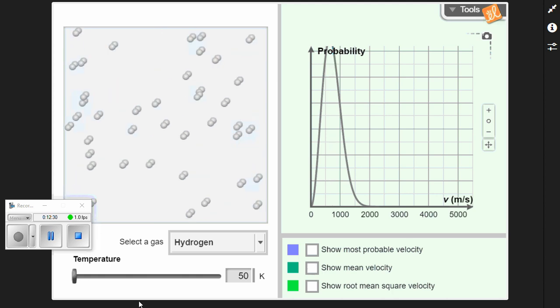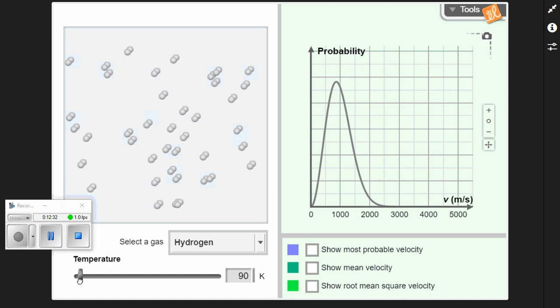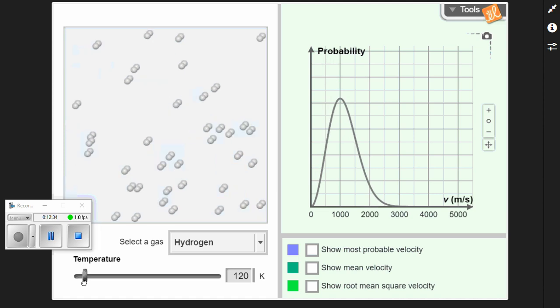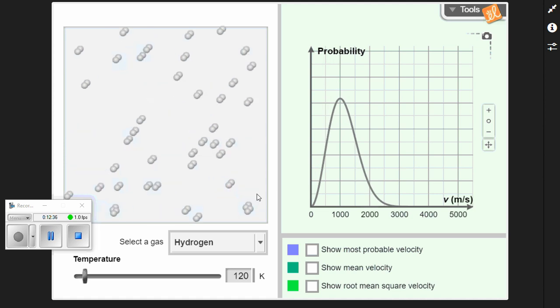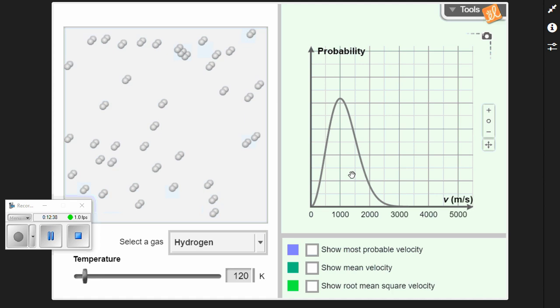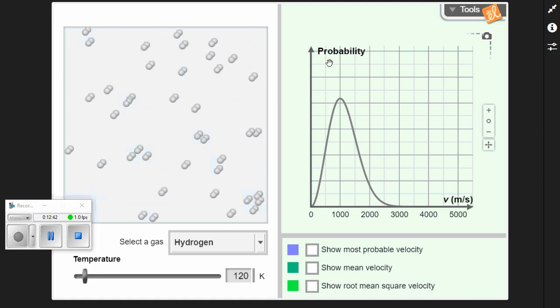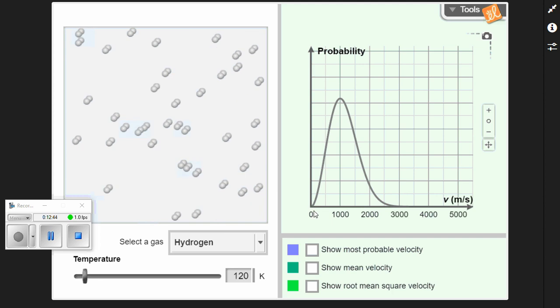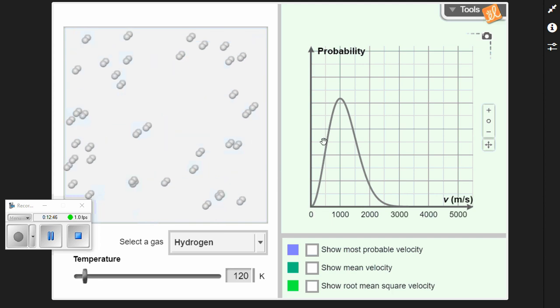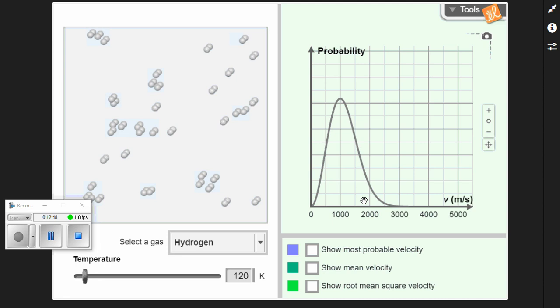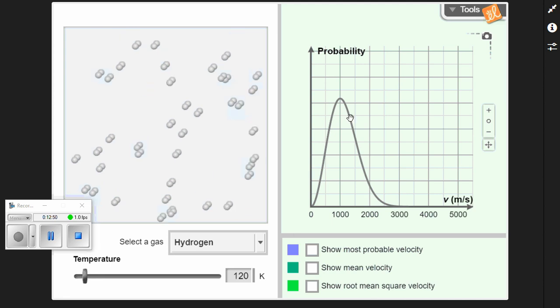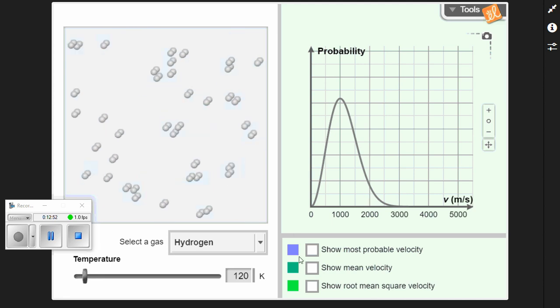Okay, so let's heat this up to, oh, I don't know, 120. See how the graph changes? Here's velocity and the probability of finding a particle at that particular velocity. See, they're not all at the same velocity, but there's a pattern to how the velocity of the particles is distributed.